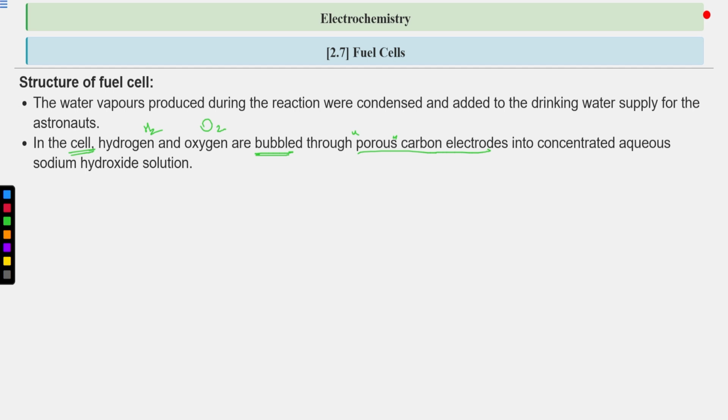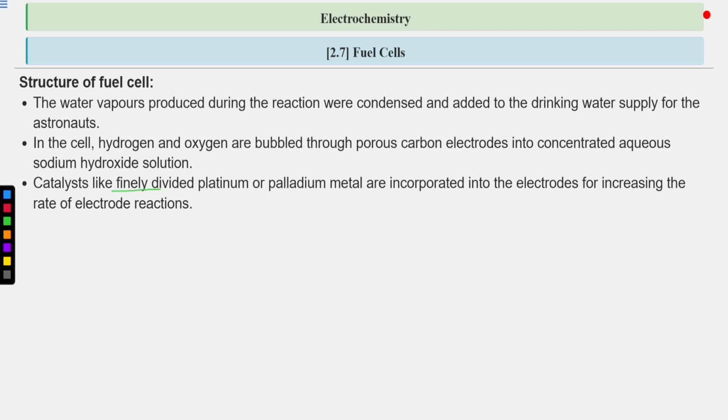This hydrogen and oxygen travel in bubble form through the porous carbon electrode to the concentrated aqueous sodium hydroxide solution, NaOH.